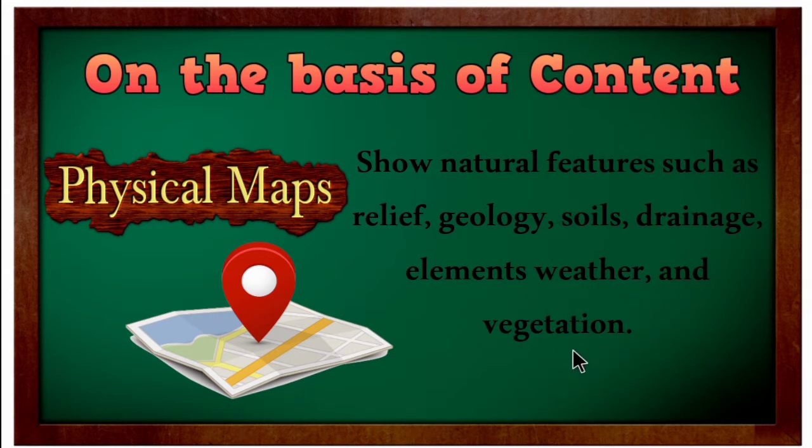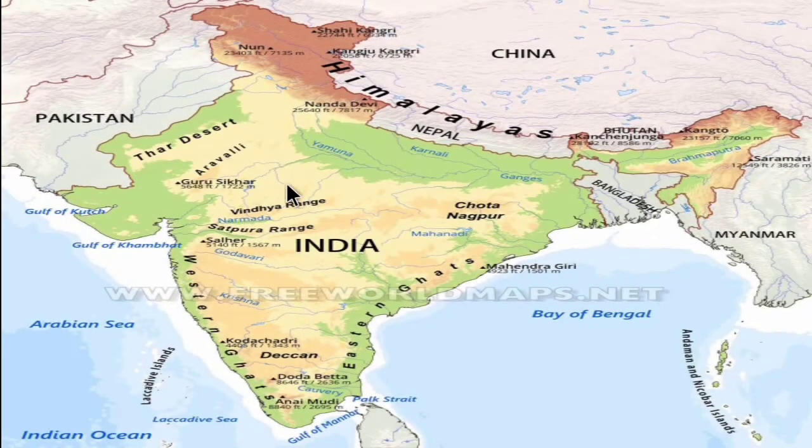So the physical maps provide various physical features of a particular place. For example, the geological features, the soil nature, the drainage, the weather and climatic report, and the vegetation of the particular place. So this is an example of physical map.